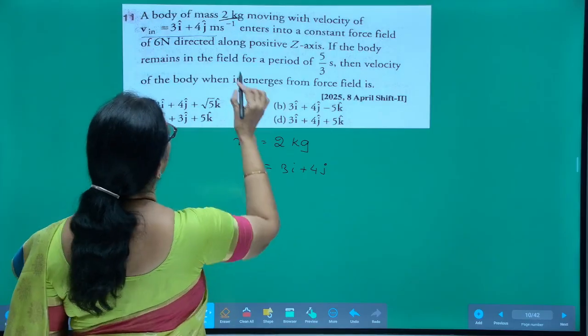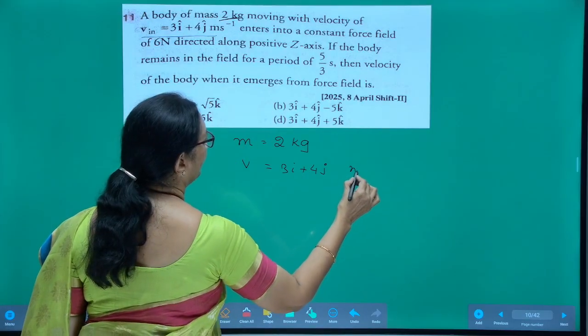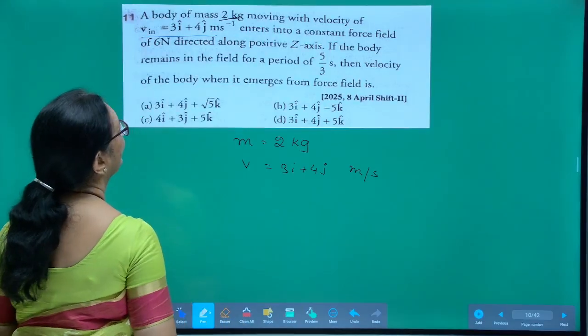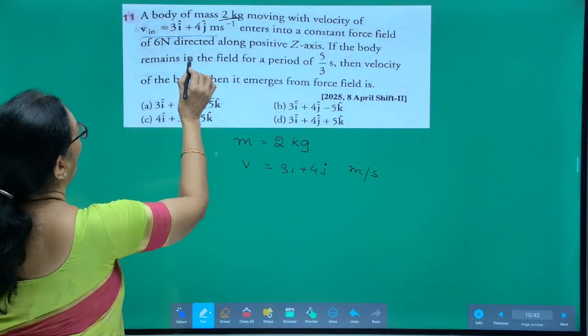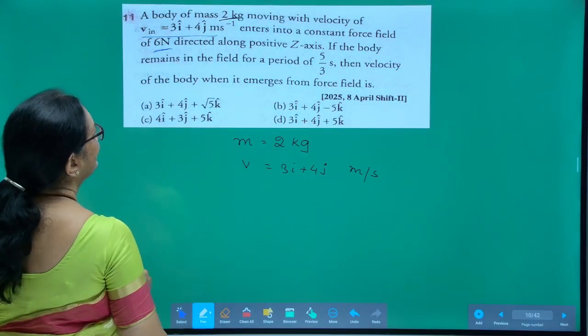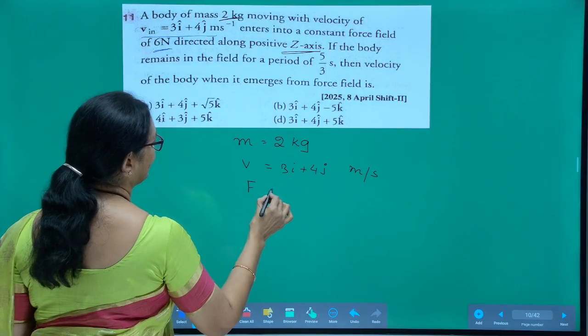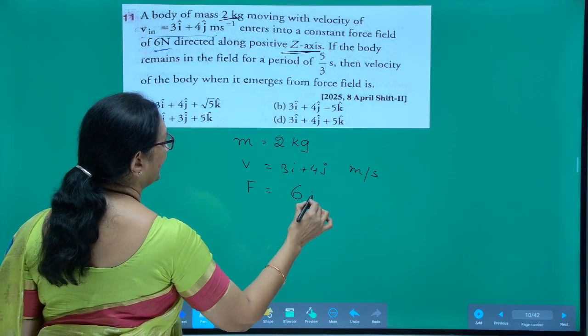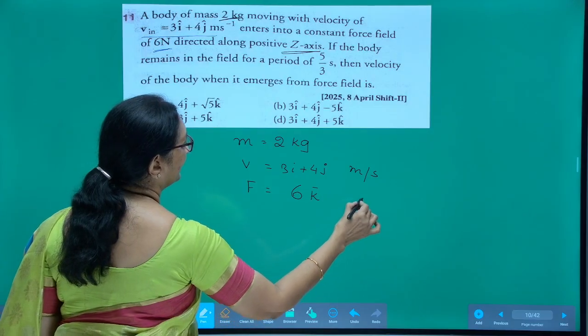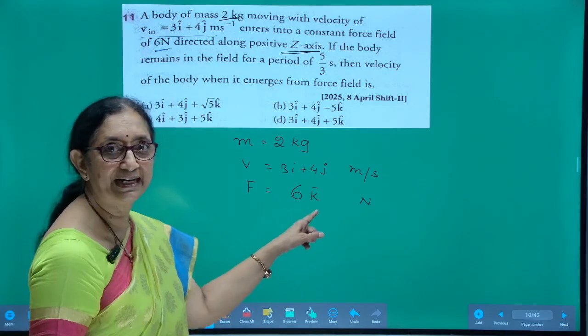Velocity vector is given as 3i plus 4j meter per second. It enters into a constant force field of 6 Newton directed along the positive z axis. So, force is equal to 6 k bar, positive z axis.